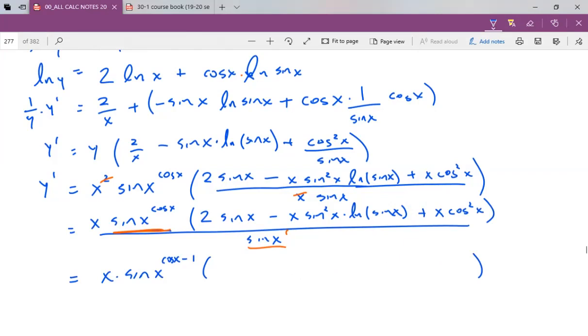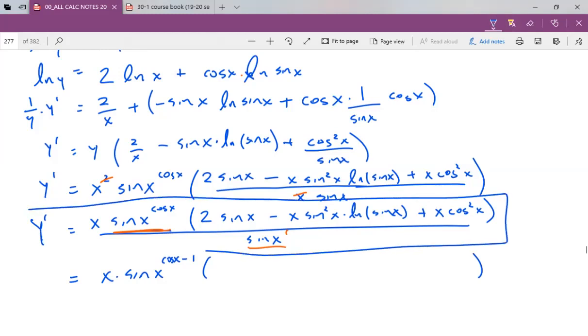I kind of think either way, because that exponent is cosine x instead of just numerical or polynomial, I'd probably leave it as we had in the step before, but you could see it either way. So there we are.